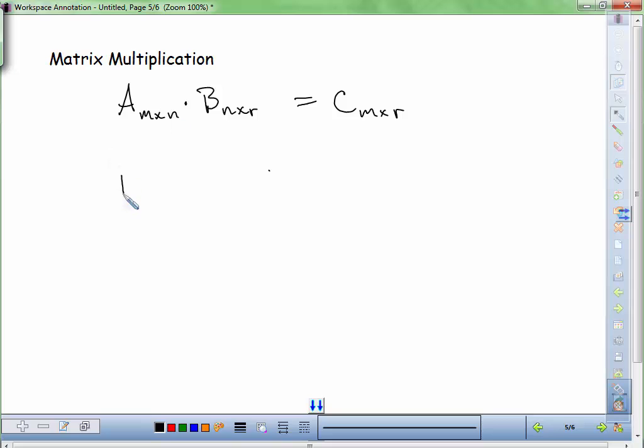So can we multiply B, which is an N by R matrix, with A, which is an M by N matrix? Only if these two things are equal, yes. So you can only do the multiplication if these two things are equal.